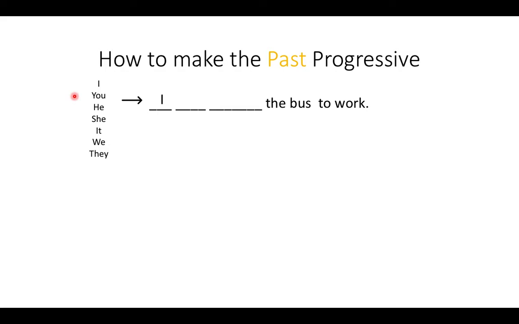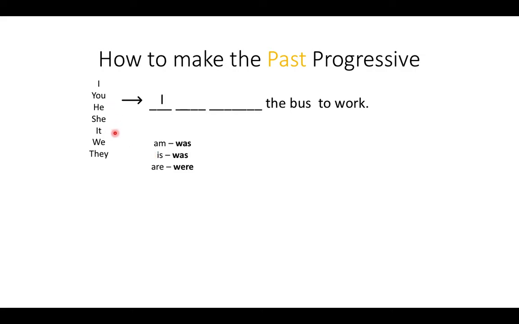So I. The next thing we need to do is have a form of to be, right? So am, is, or are. And we know that depending on who you're talking about, these, am or is or are, it changes. So we use am with I am. We use are with you are. He, she, and it all use is.